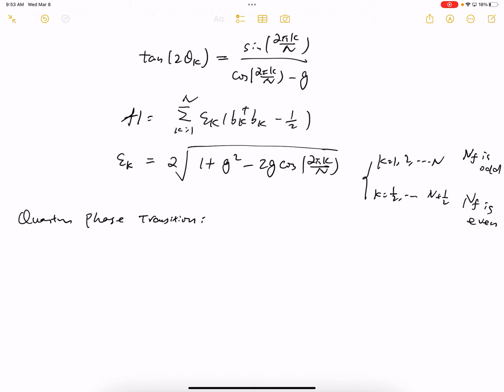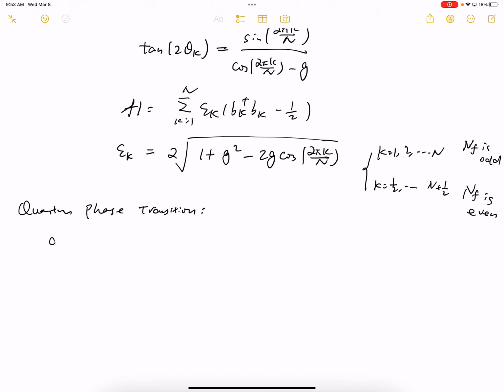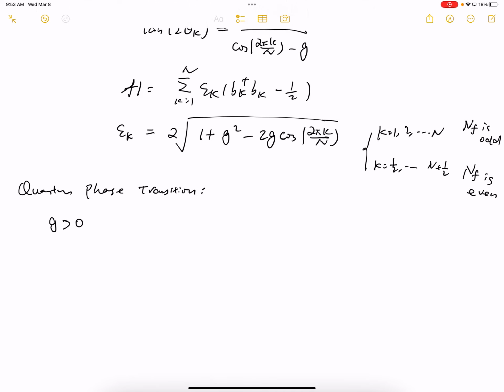For simplicity, let's assume that g is larger than 0, so the field is positive, but the negative case is very similar. You can also just flip all the spins. So we're just going to focus on the g larger than 0 case.